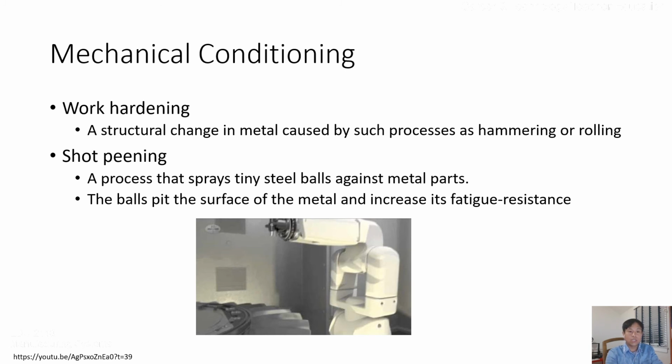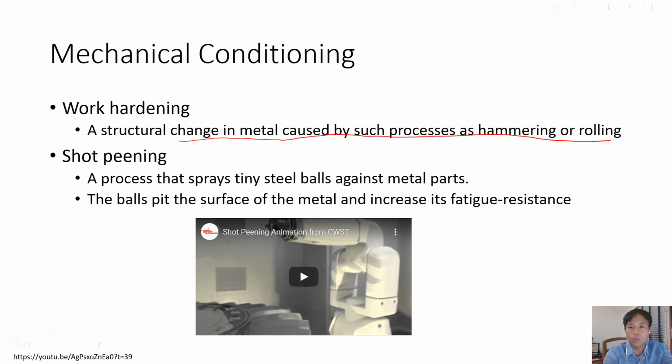And mechanical conditioning: the first example is work hardening. That means a structural change in metal caused by the process of hammering or rolling. Like this, a metal has a grain structure, and by hammering or rolling, the metal becomes harder.